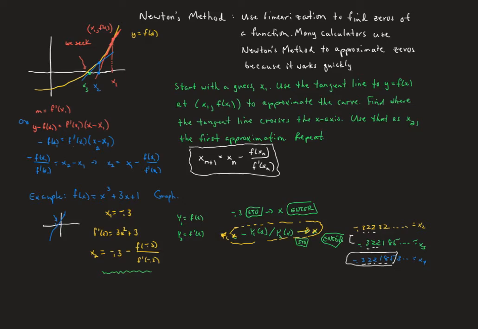So Newton's method usually converges very quickly, and if it does converge, if it does get closer and closer to a single number, then that number is in fact a zero. Now let's go to a new panel and we'll see what things might go wrong.